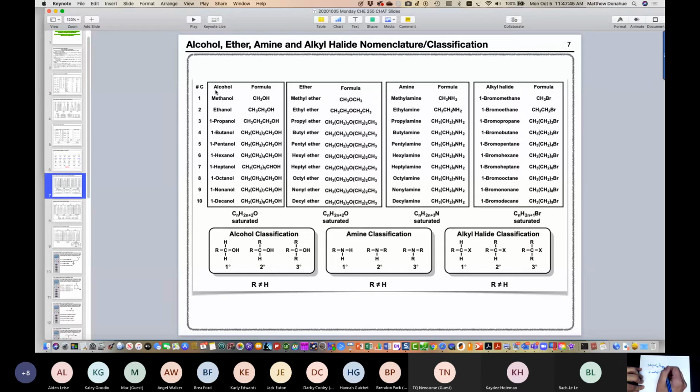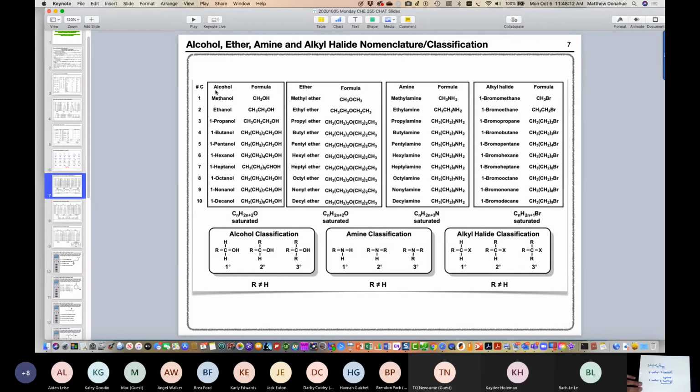The OL tells you it's a hydroxy group. The 2 position tells you the location of that alcohol. And then everything else is a substituent. So the 5 position has a 1 carbon unit, that's methyl. So that's how we get the 5-methyl heptanol.